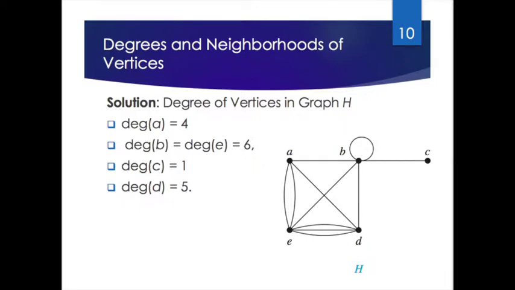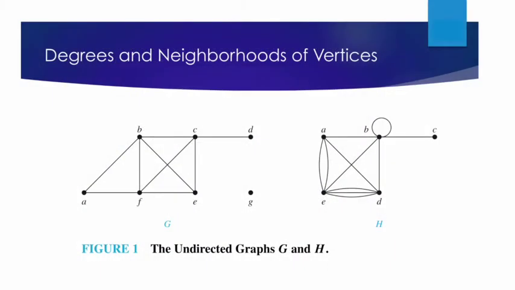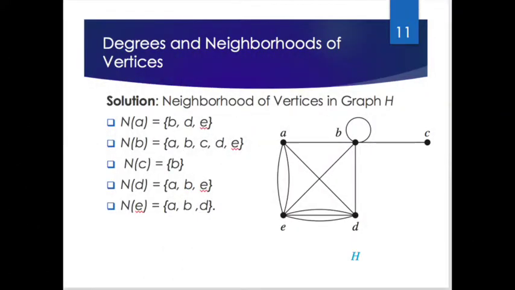And we have the degree of E equal to 6 and the degree of D equal to 5. The neighborhood of A is the subset B, D, and E. But there is something we need to notice about node B, where the neighborhood of B equals the subset A, B, C, D, and E.